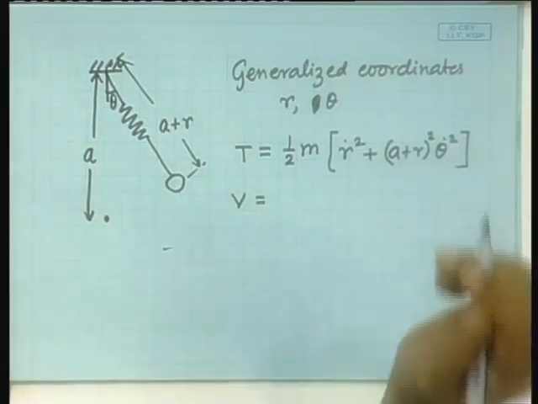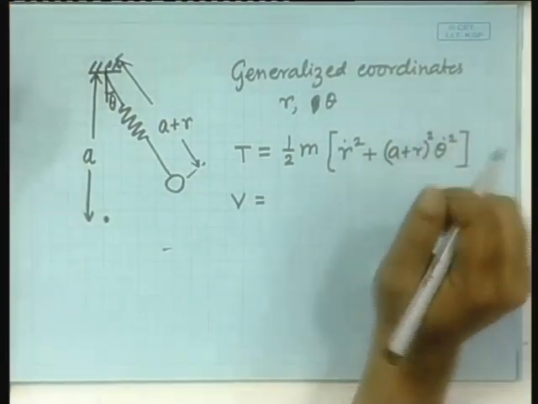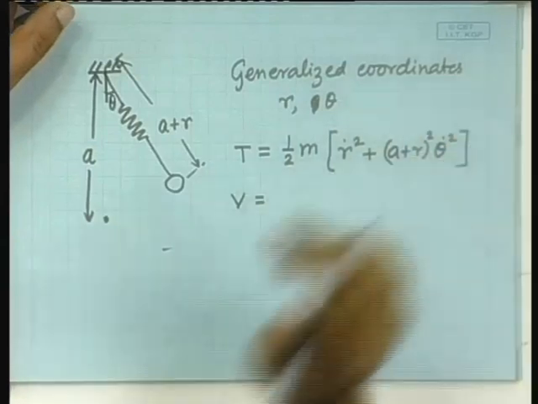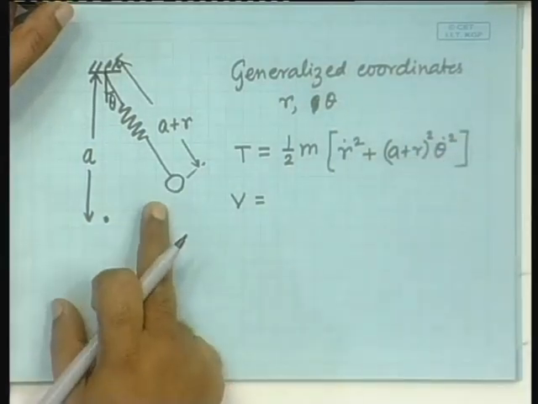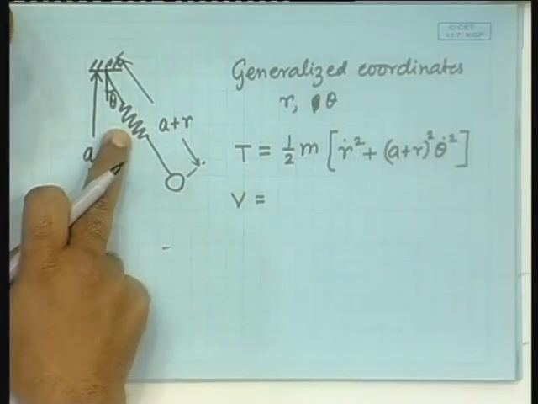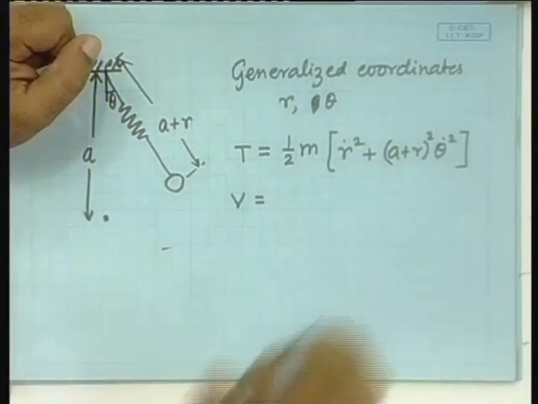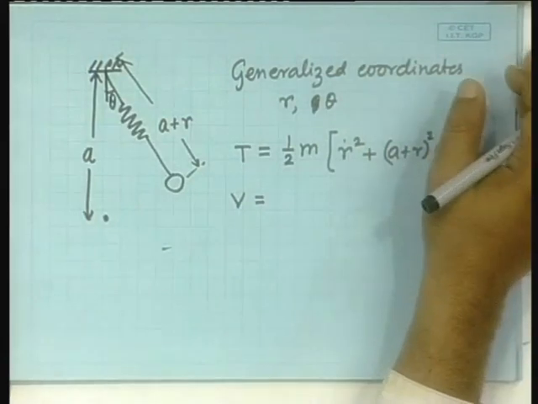The potential energy in this case, there are many sources of the potential energy. That is the fun of this problem. One, it is contributed by the gravity. Two, it is contributed also by the spring, and we will simply add them up because they are scalars. That is the advantage. Fine. So how do we go about it?